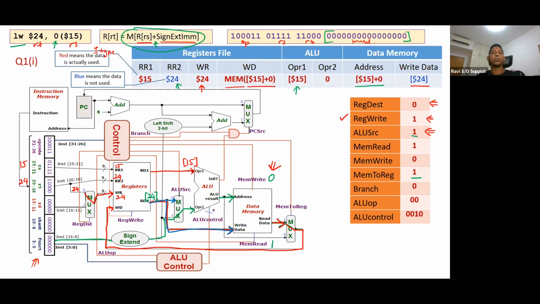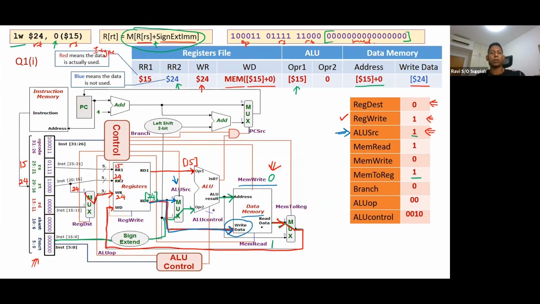But again, that is where the control signals come in. Over here at this multiplexer, your ALU source is set to 1. That means I will be taking the immediate value to go through to the ALU. Over at the data memory side, since my mem write is 0, it doesn't matter what comes here to write data.